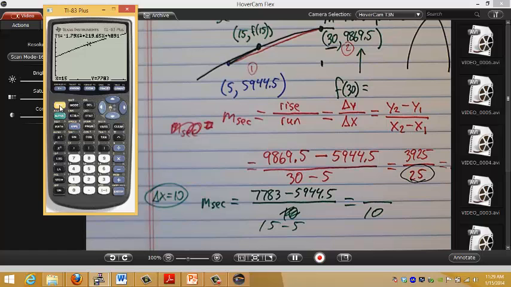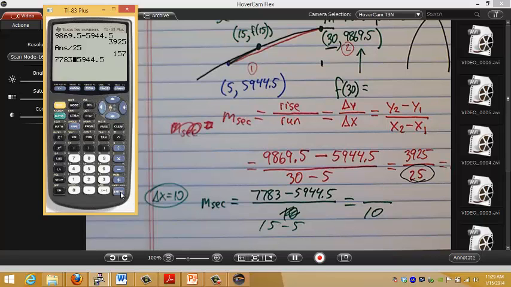So now, back to the home screen, I'm doing almost the same calculation as before. I hit second enter, and second enter again, pulling up this subtraction problem. Oh no, it's not quite the same. I have to change this to 7783, and then delete those with the delete key.